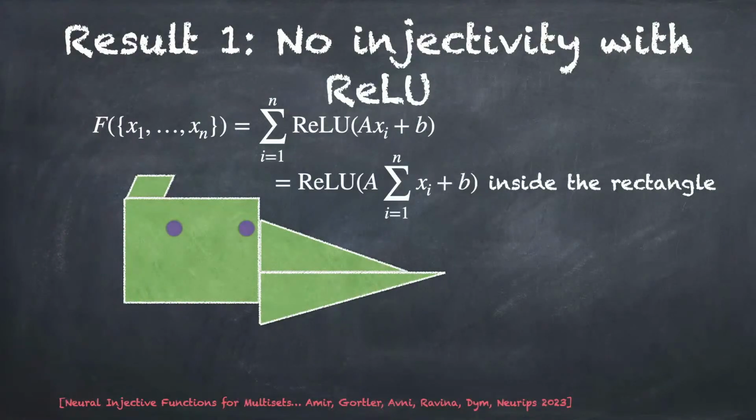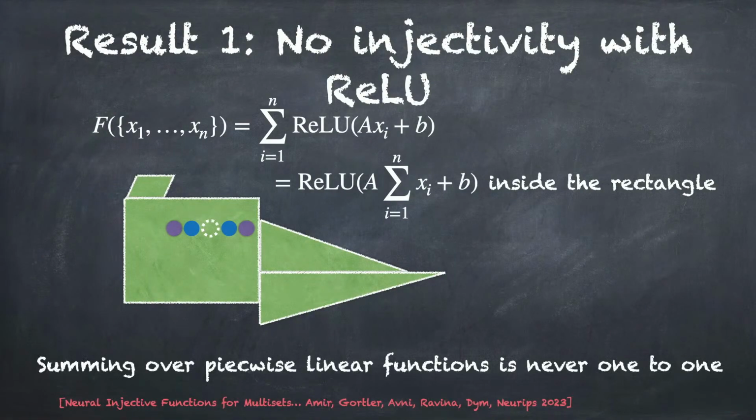So if I take, let's say, a multiset, which is these two purple points, and then a multiset with these two blue points, and their sum is the same, then I'll get the same result, although the multisets themselves are different. Okay? So that's basically what this teaches us: if I do sum pooling over any piecewise linear function, this will never be injective if I'm talking about continuous features.